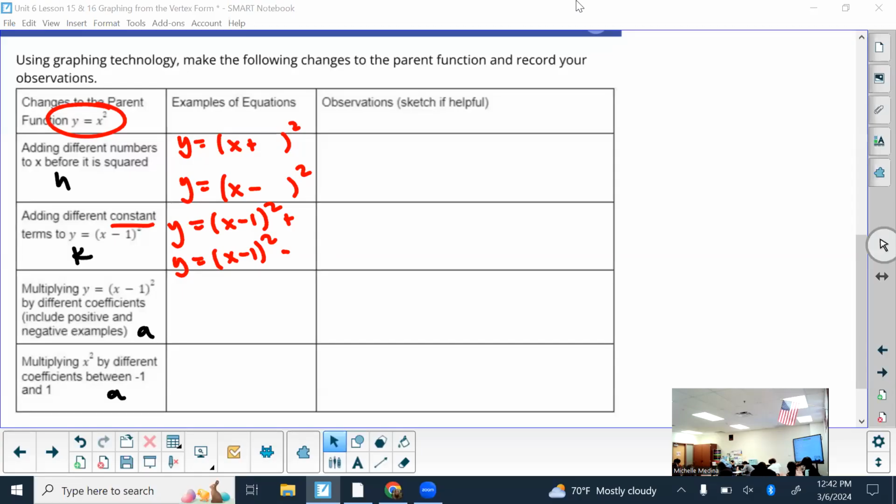When we added different numbers to the x before it is squared, what did we notice in our change to the parent graph? Or can you tell me what you added or subtracted?